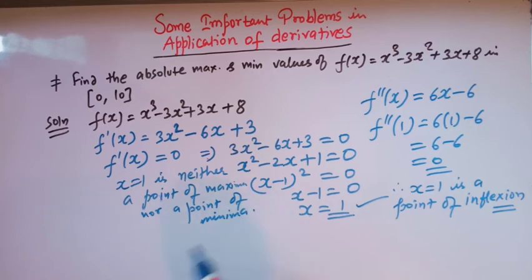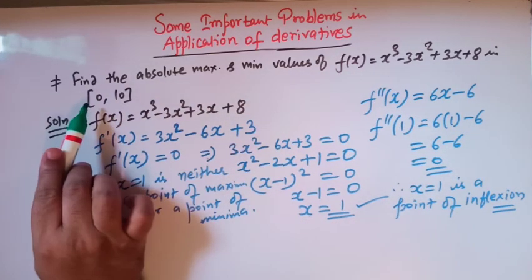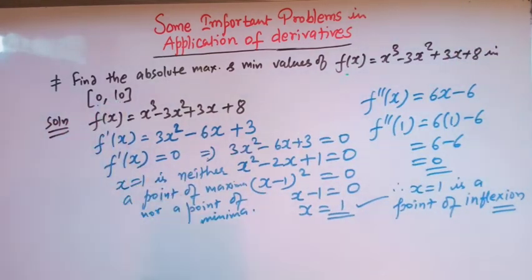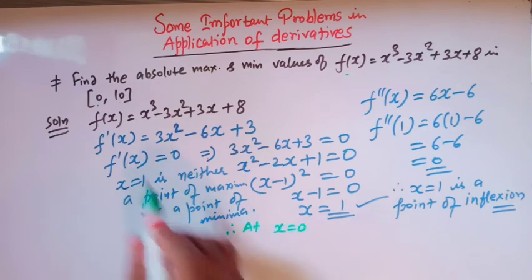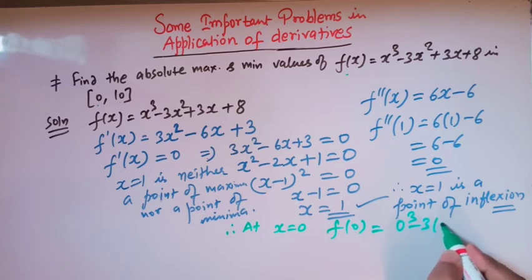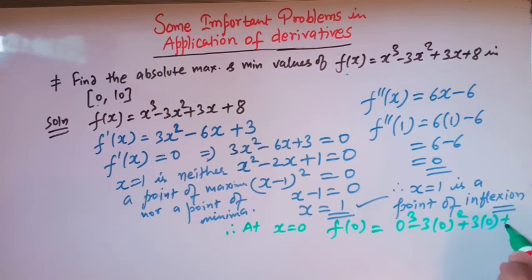Okay, so therefore in order to find the absolute maximum and absolute minimum of this function, we will now calculate the value of this function at 0 and 10. So at x equal to 0, the value of the function is f of 0 is 0 cube minus 3 times 0 square plus 3 times 0, and then we have plus 8, so we have 8, right?